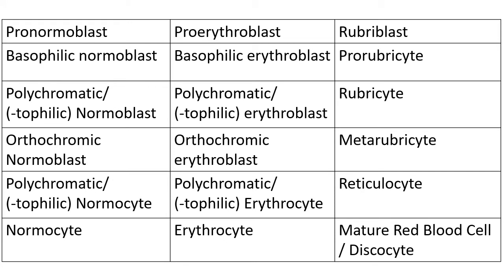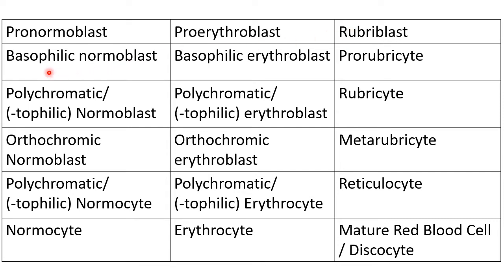So, let's proceed with the stages of erythropoiesis. So, iba-iba ang name per book. Okay? So, dapat memorize din natin yung other names ng bawat isa. So, first stage is the pronormoblast or proerythroblast or rubriblast.